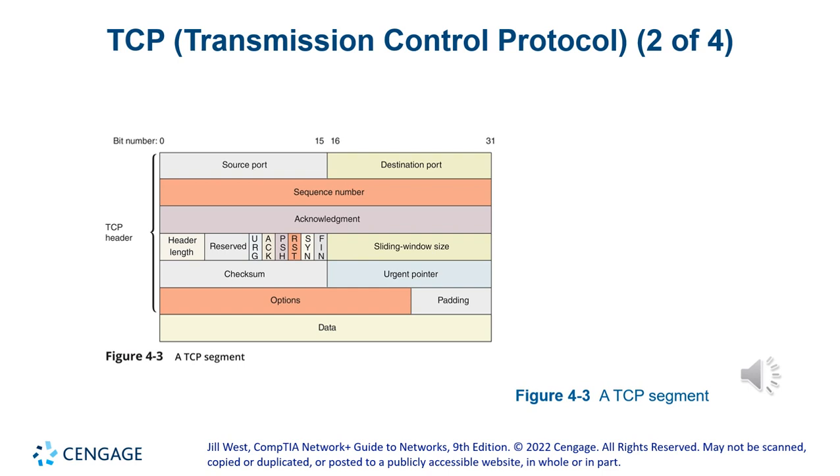Push is kind of like saying, get this information. Reset says, I lost the communication, please reset the communication. The syn is to synchronize communication, so that's when you send the syn. And the fin is to finalize, to say, I'm done. I don't have any more information. I already sent everything that I wanted to send you, or this is the last block of information you requested, and I'm finalizing the connection and closing the connection, right?